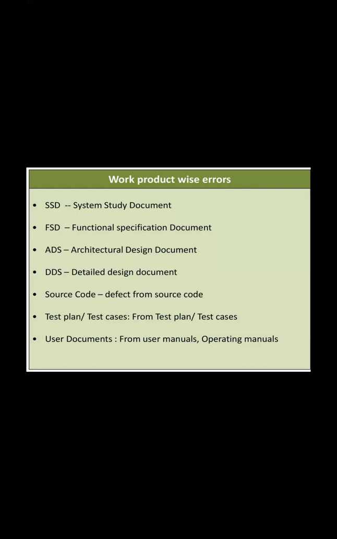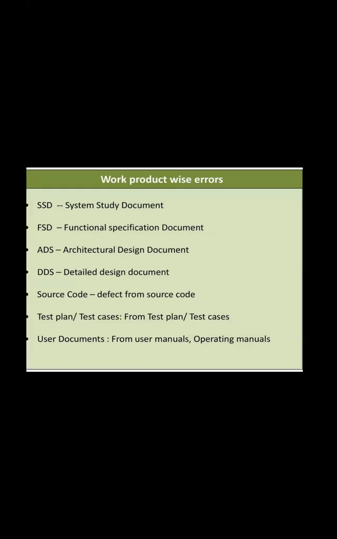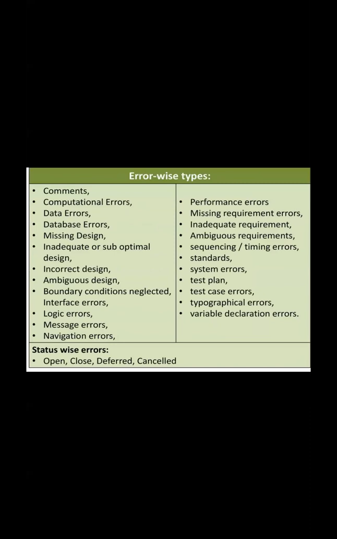In the work product, we may get the following defects: system study document is not properly done, functional specification document is not designed, architectural design document, detailed design document, source code defect, and test plan and test case are not done properly, user documents and operating manuals are not prepared well. Then those things also come under work product defects.